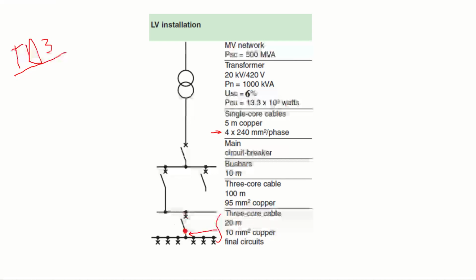In this example we are studying this circuit breaker here. Whenever we study a circuit breaker, we take directly the short-circuit current that may happen right after the circuit breaker. So we will not take into consideration the last 3-core cables that they have indicated to us.